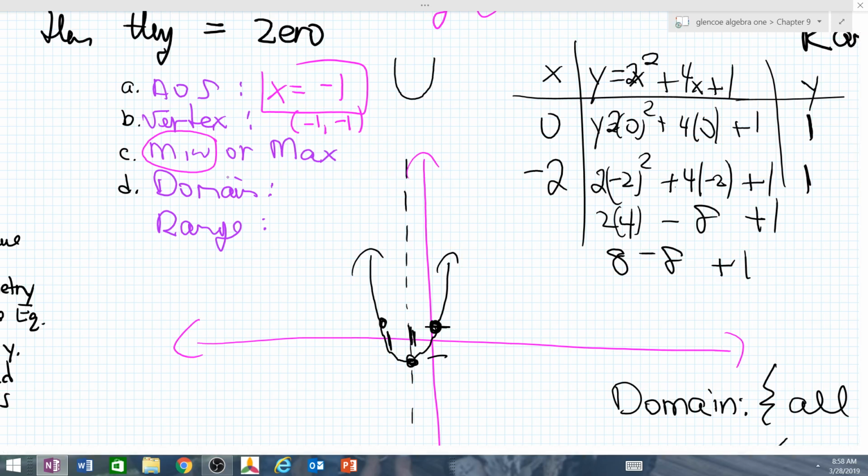And before we even finish graphing it, what would the domain be? All real numbers. And what would the range be? Y is less than or equal to -1. Not 0, it's the vertex, -1.